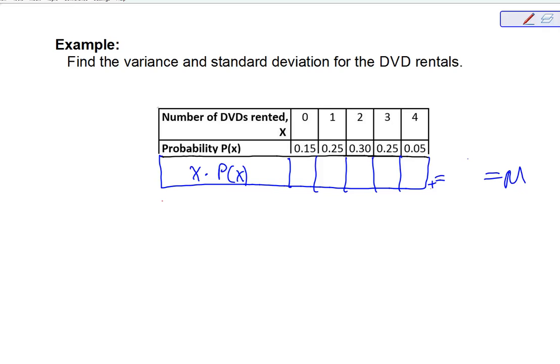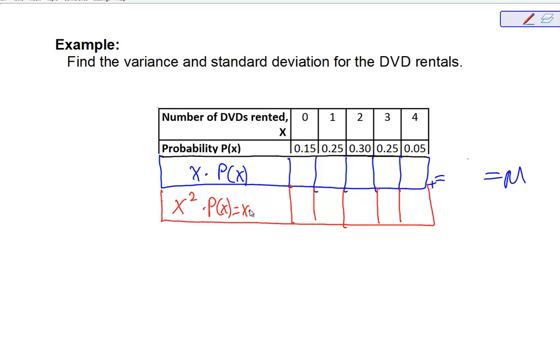Usually I just tack on another row here, and I take this as being x squared times the probability of x. It's the same thing as taking my previous row, which was my x times probability of x, and multiplying it by x again. Gives me the exact same answer. Okay? I will need to add up this row.